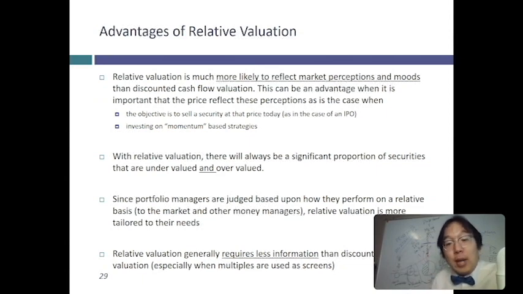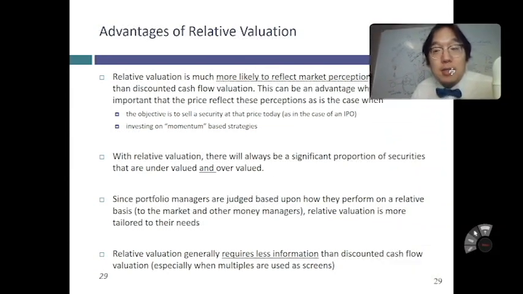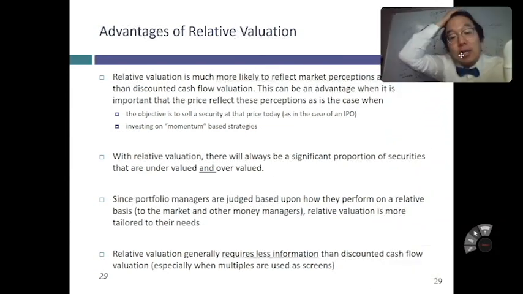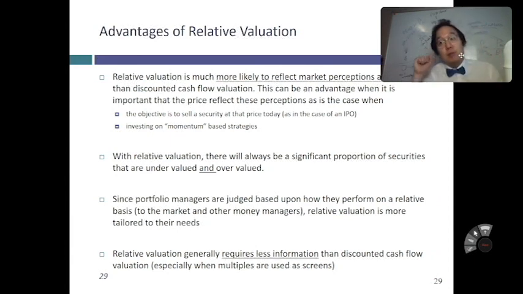Since portfolio managers are judged based upon how they perform on a relative basis to a market index or other money managers, relative valuation is more tailored to their needs. So if you think about the buy side, the fund managers, National Pension Fund or Ultimate Gap kind of guys, their performance is evaluated in relative competition among other similar equity investors or portfolio managers, right?